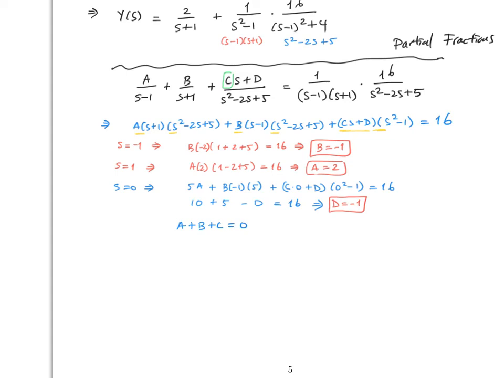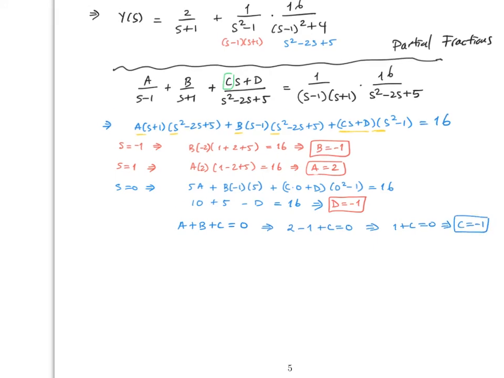Because there is no coefficient for s cubed here, so the coefficient is 0. We already know the values for A, B, and C, so 2 minus 1 plus C equals 0, or 1 plus C is 0, which means that C equals -1.